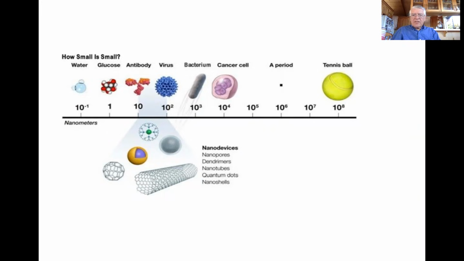So if we think of things we can see easily, like a tennis ball, that's 10 times bigger than the period at the end of the sentence, and that's about 10 times bigger than a typical cell. So the period at the end of the sentence, if you were looking at some tissues, is a space big enough to accommodate about 100 cells.